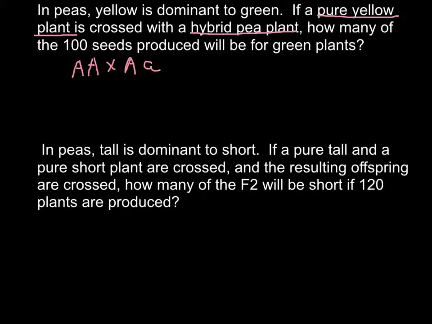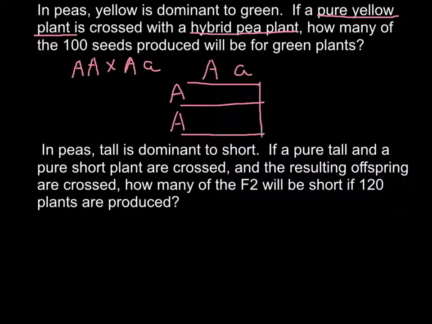So we just have to rearrange these two genotypes and build a Punnett square. This genotype can be on the top and this can be on the side. Now we build the Punnett square and we are able to see all the possible genotypes and phenotypes.